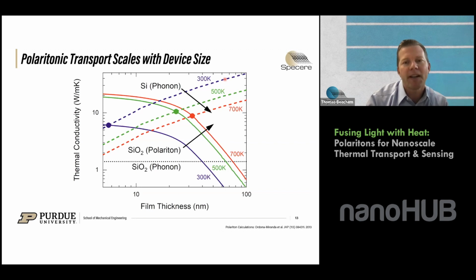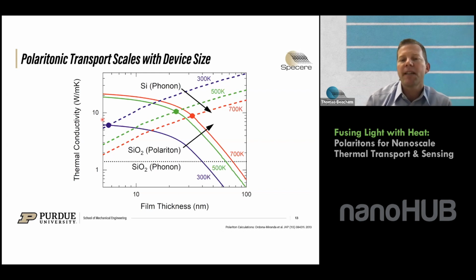And as the temperature increases, the thermal conductivity of the silicon phonon decreases. Now, the solid lines are a calculation of the SiO2 surface phonon polariton. Remember, SiO2 from a phonon perspective is glass. It's an insulator, so it has a thermal conductivity down at 1. Notice also that this is a logarithmic scale.